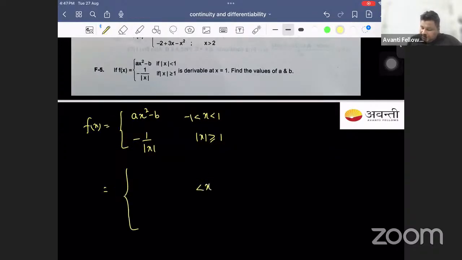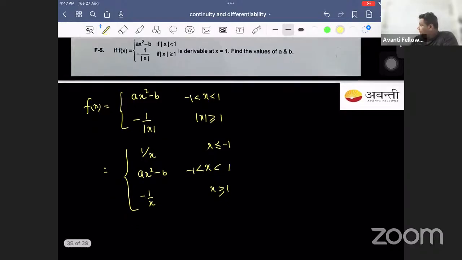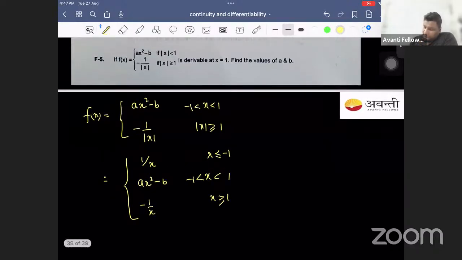So if x lies between -1 to 1, it is ax square minus b. If x is more than or equal to 1, mod x will be plus x, so it is -1 by x. If x is less than or equals to -1, mod x will be minus x. So now it is 1 by x. Got it? So they are saying it is differentiable at x equals to 1.